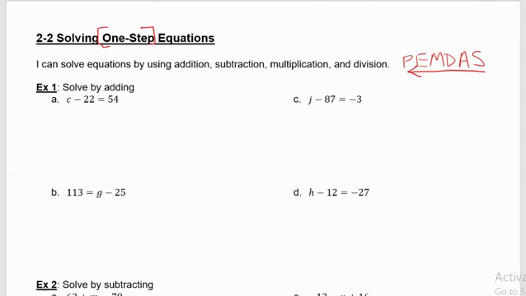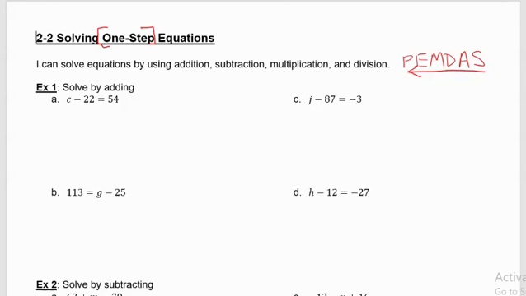Now this doesn't really matter as much with one step because it's just one step. I know automatically I just need to undo one step, but it is going to matter for Wednesday's lesson when we cover 2-3 solving multi-step equations.